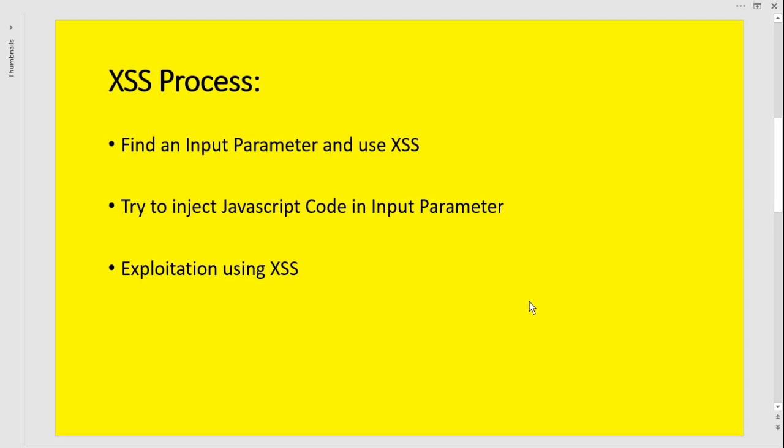And if we succeed, then there may be chances that there is an XSS vulnerability on that web page. And to make sure, we will move on to the next step, which is to try to inject JavaScript code into that input parameter. And if we succeed, then make sure there must be an XSS vulnerability. Okay, so we will go for the exploitation using XSS.